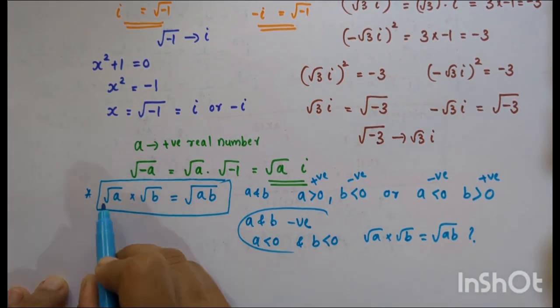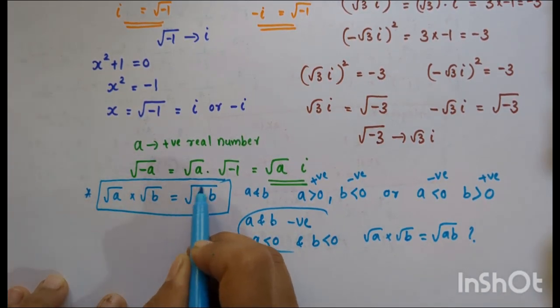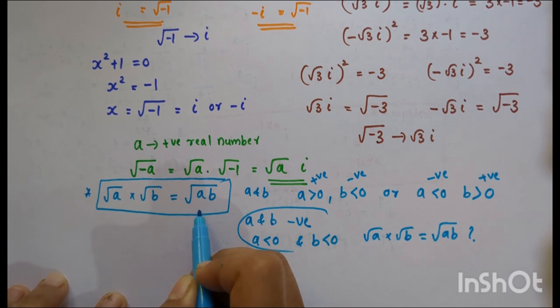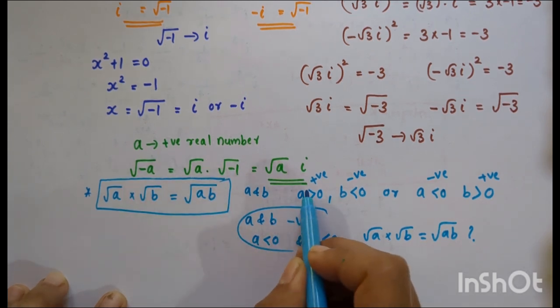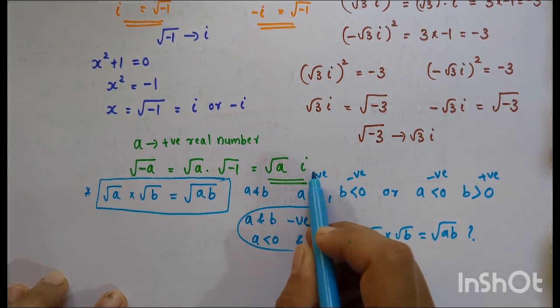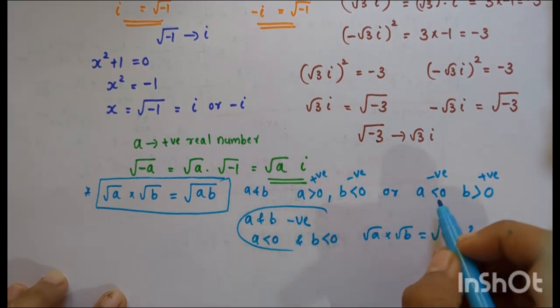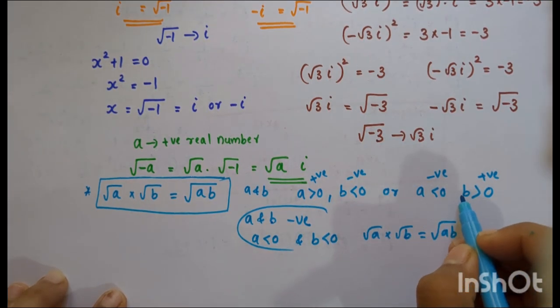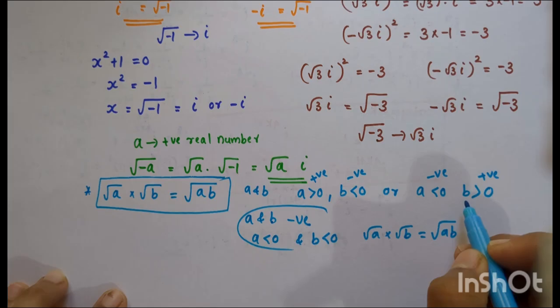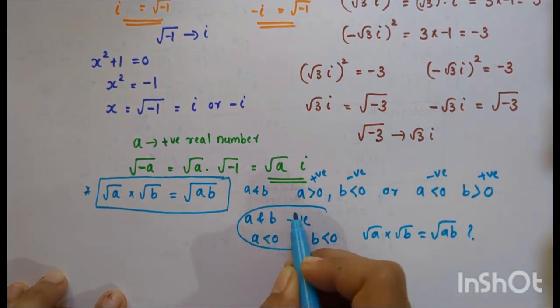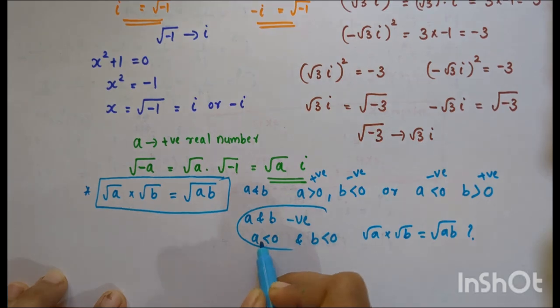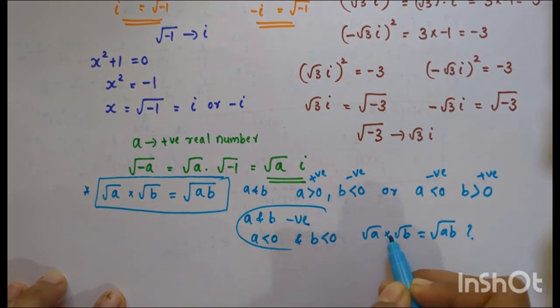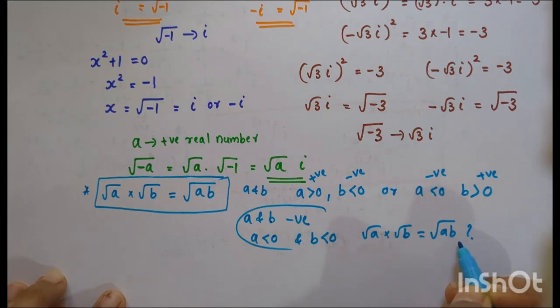Root a into root b can be written as square root of a into b when either a is positive and b negative, or a is negative and b positive. But if both a and b are negative real numbers, then can we write root a into root b as square root of ab? Let us check.